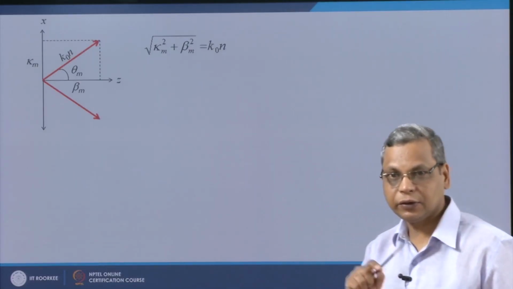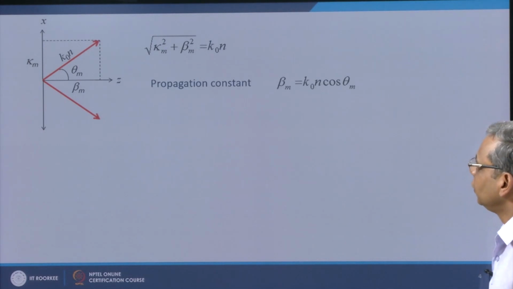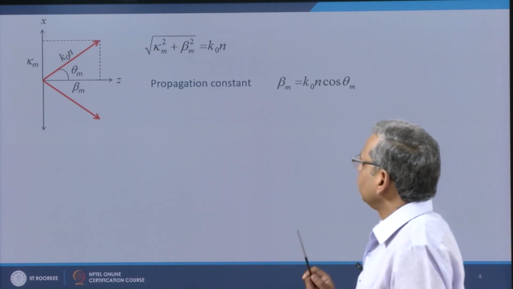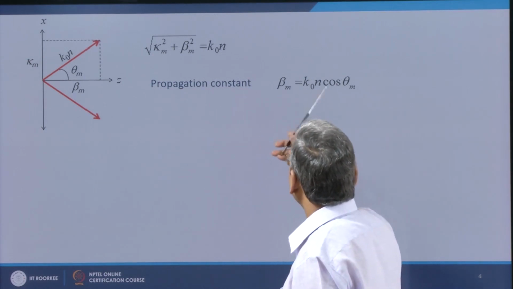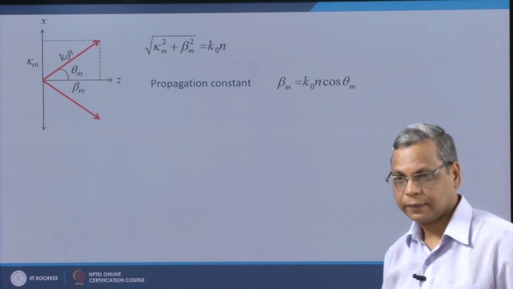So, the propagation constant in z direction is k naught n cos theta m.